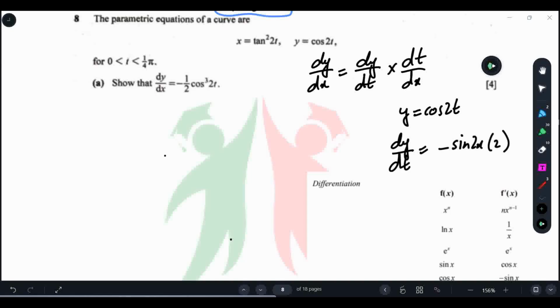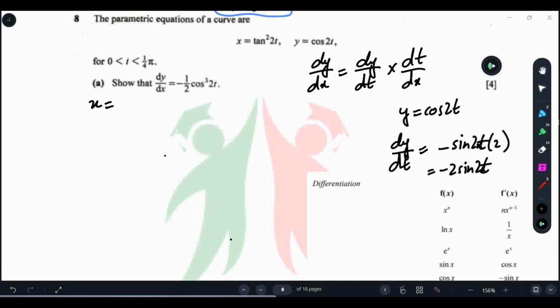So we can write that this will be equal to minus 2 sine of 2t. Sorry, here we have t, so we have to write it with t. Now we need to find dx by dt.